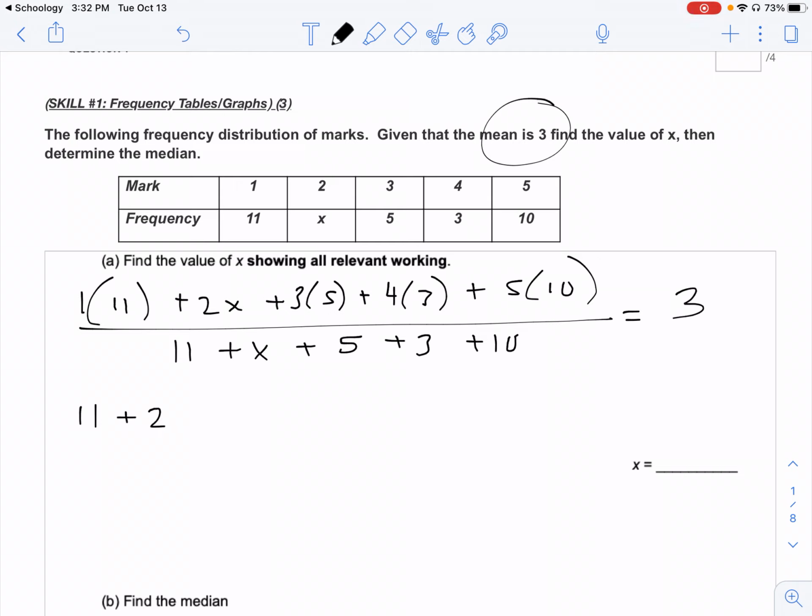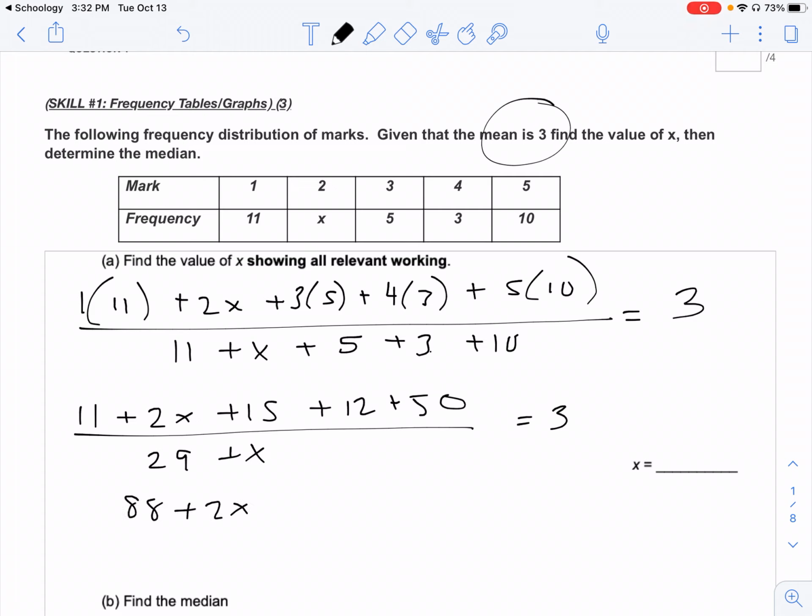So from here, I'm just going to simplify. Let's see, we have 11 plus 15 is 26, 38, so 88 plus 2x equals 3.